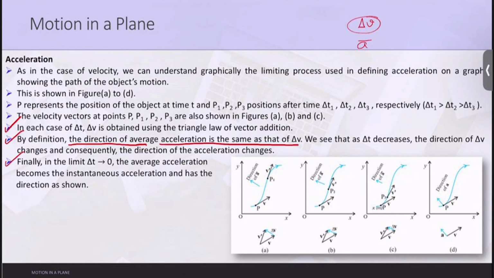So finally, in the limit delta t tending to 0, as we keep on decreasing the value of delta t, the average acceleration becomes the instantaneous acceleration and has the direction as shown below. We keep on doing that, and finally what we find is the direction of a at the instantaneous location.